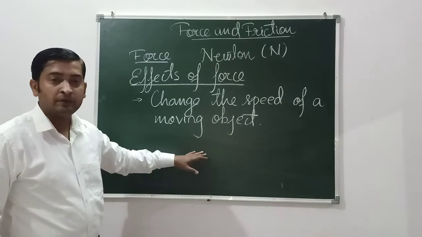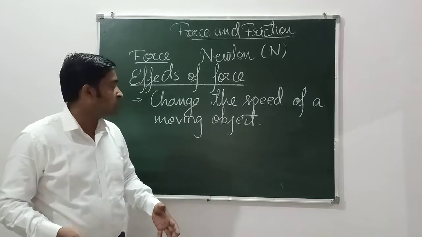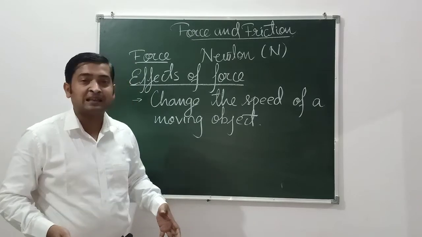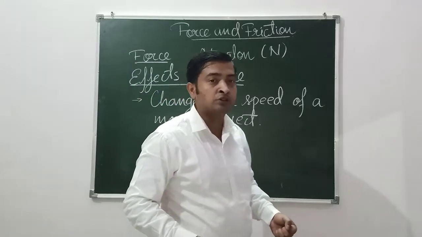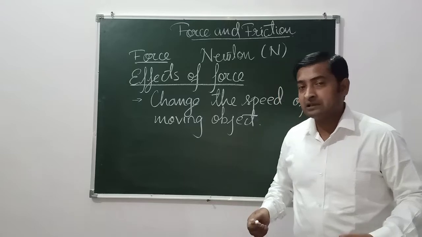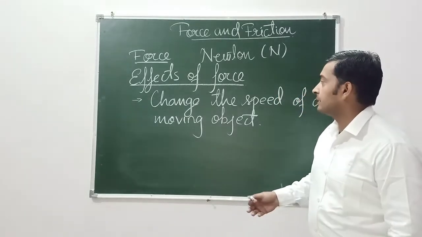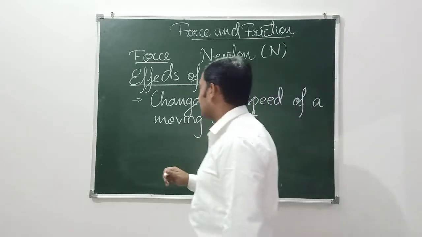For example, when we are riding a bicycle, we apply the brakes. Because of that force, the speed of the cycle gets reduced. Another thing, if you start applying more force, the speed of the cycle will increase. So in this way you can understand that force can change the speed of a moving object.